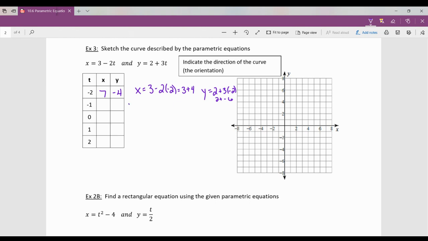And then my next one is x equals 3 minus 2 times -1. So that's 3 plus 2. So we got 5. And then y is equal to 2 plus 3 times -1. So 2 plus a -3 is -1.